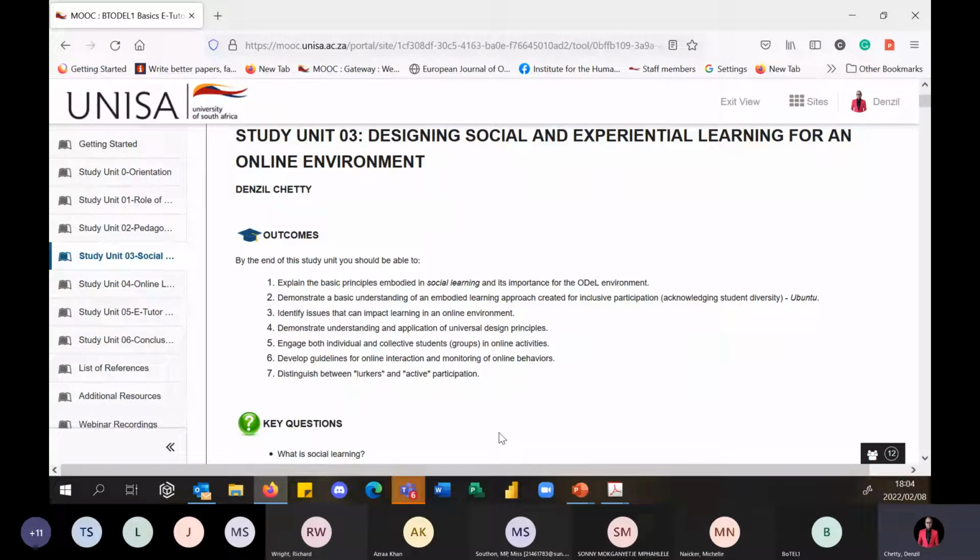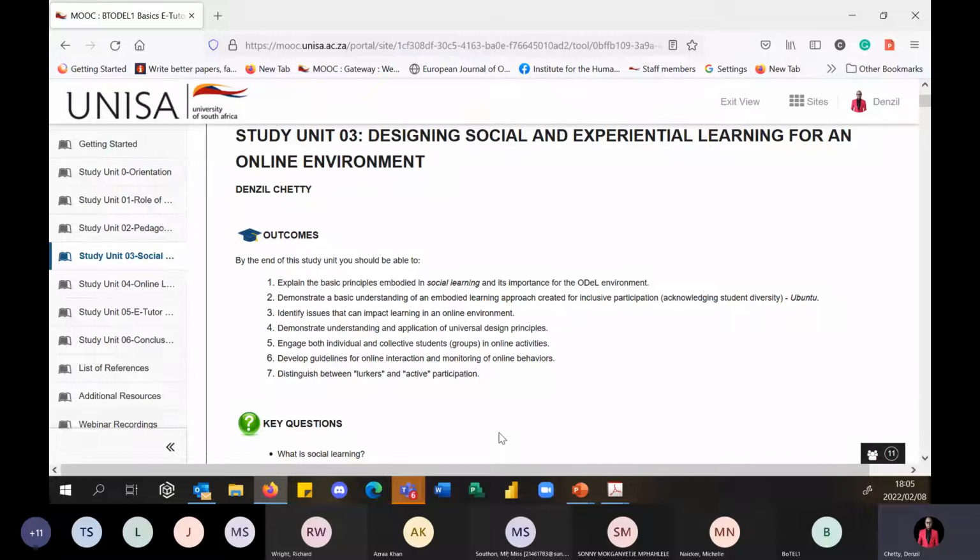Remember in our unit from last week, we spoke about the social constructivist approach to pedagogy, which is the foundation of the entire tutoring model at UNISA. By the end of this study unit, when we talk about designing social learning experiences, we want you to look at the principles for an embodied social learning environment.